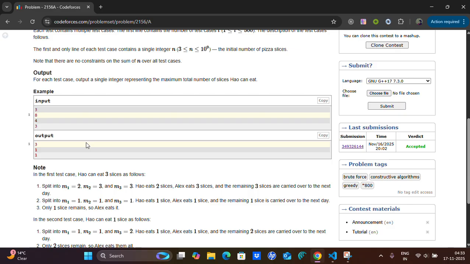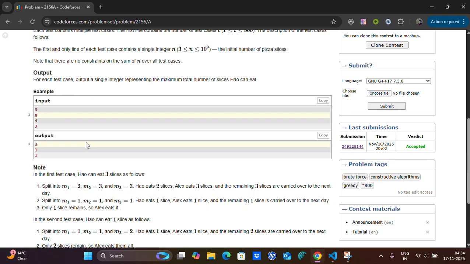So here n is 13 and n by 3 will be 4 if I do an integer division. It means that I could divide the pizza slices as 4, 4, and 4 plus 4 is 8, and the remaining 5 will be for the third day, or the value is m3.